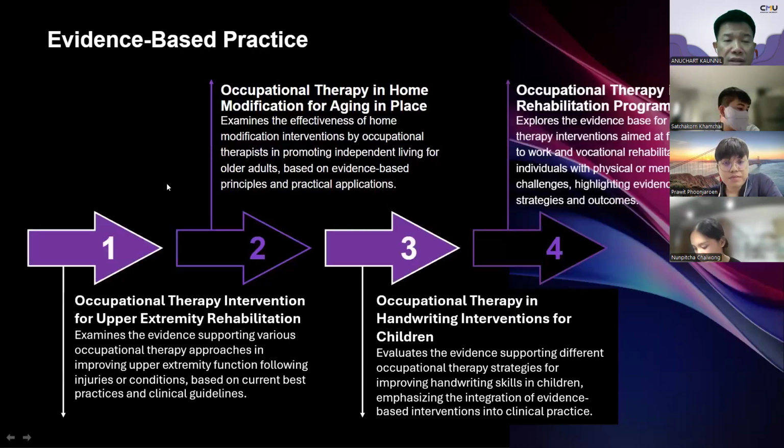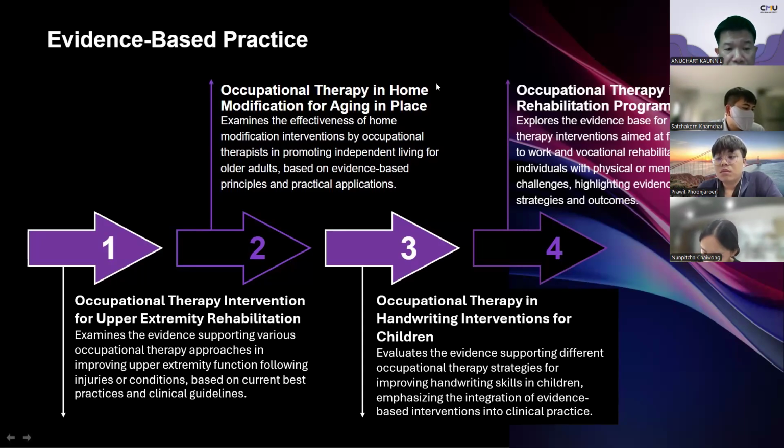Near the end comes evidence-based practice. When we finish everything, most of the research ends up looking like a protocol. For example, evidence for occupational therapy intervention for the upper extremity. Why do we need to do this?